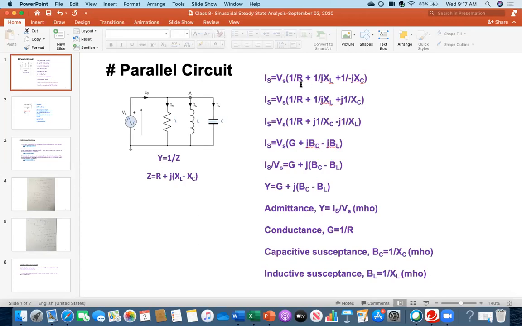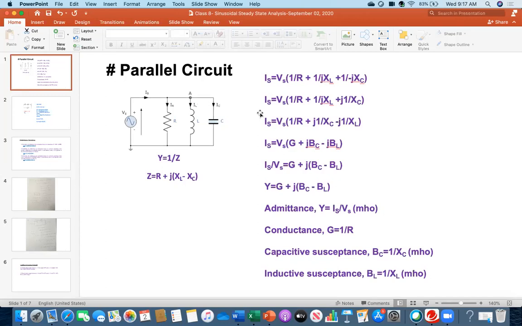Keep in mind, R is simple, as you learned in the DC circuit, where everything is resistance, so you easily did 1 over R, 1 over R1, 1 over R2. But here we are learning the AC circuit, with L and C, so you have to write not just 1 over L but 1 over jXL.